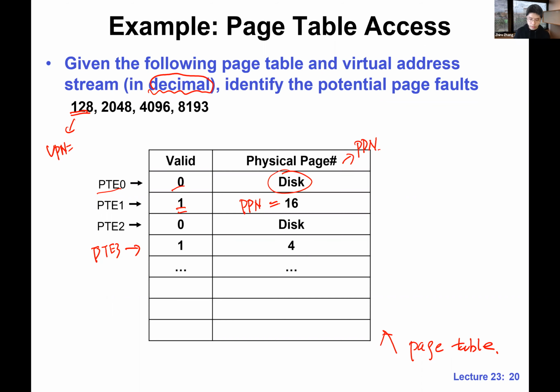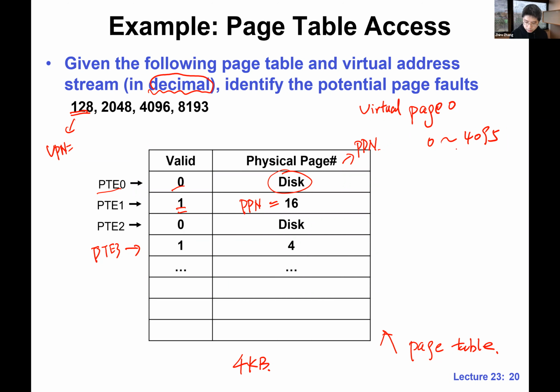Okay, so first, 128. What is the address range for the very first virtual page? Guys, it's 4 kilobytes, each page 4 KB. Address range 0 to this number.